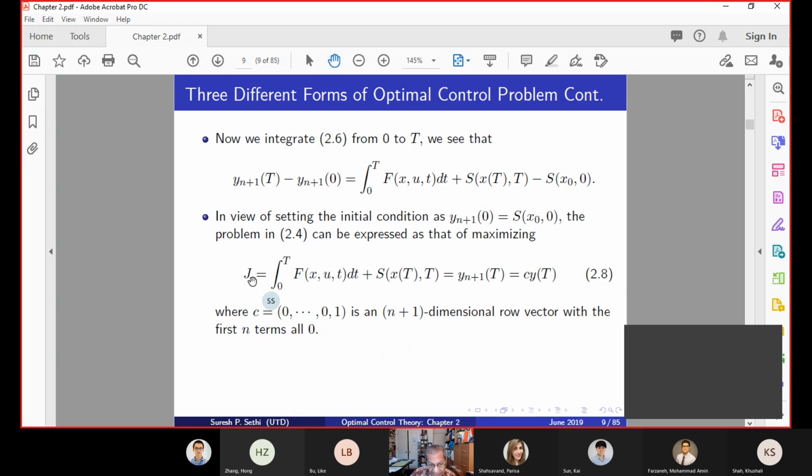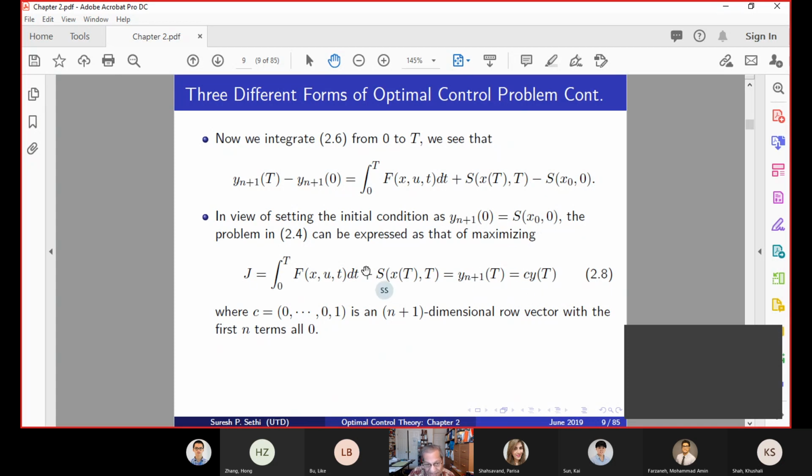Now I write J to be this integral, which is nothing but y_{n+1}, which is equal to c y(t), where c is now 0, 0, 0, 0, and the last component is 1. So this is only n plus 1 dimension, but only the last component shows up.